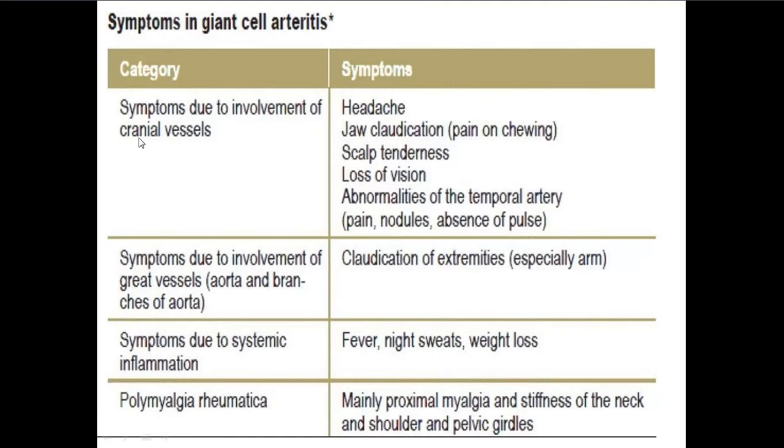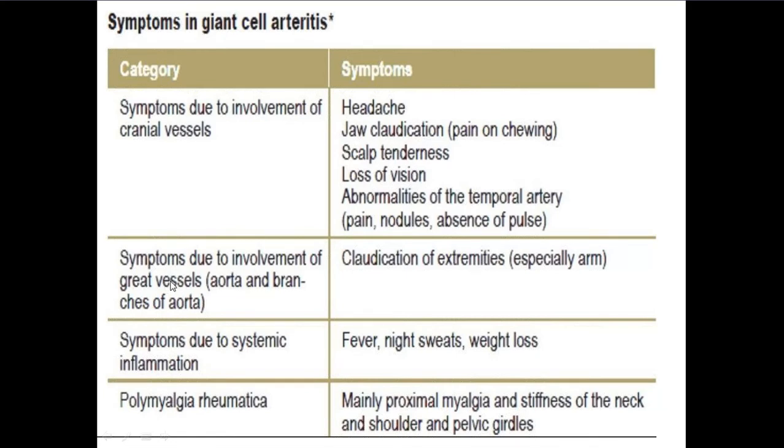So the symptoms, when cranial vessels are involved: headache and jaw claudication, that is pain on chewing. Whenever the patient tries to chew something, he will feel pain and will be unable to move the jaw. That is jaw claudication. Then scalp tenderness, loss of vision, and abnormalities of the temporal artery such as pain, nodules, and absence of pulse.